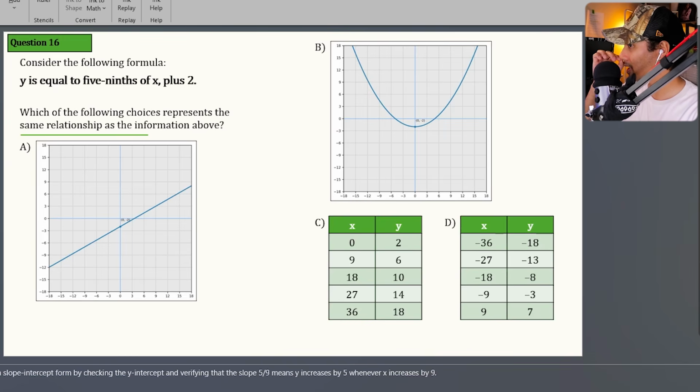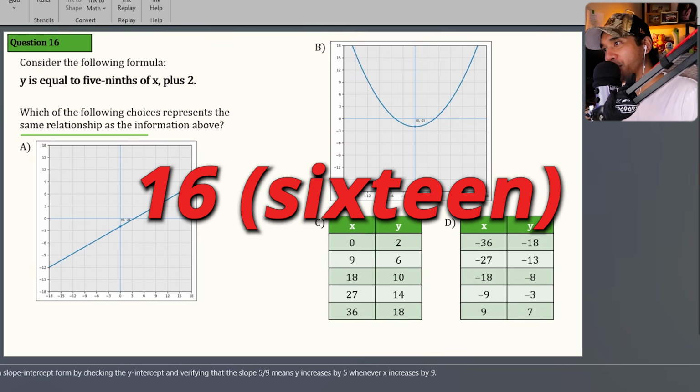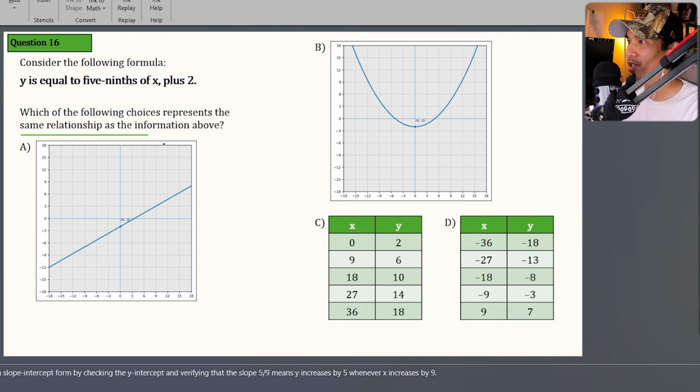So, question 15. Now we have the word form first. Y is equal to 5/9 of x plus 2. So this equals y equals 5/9 times x plus 2. Okay?